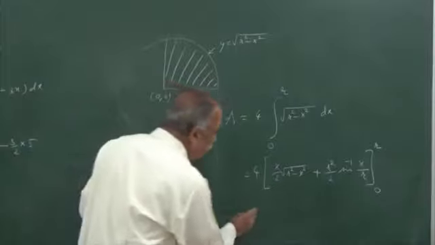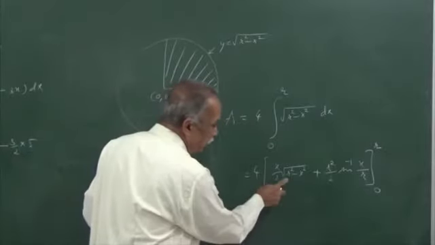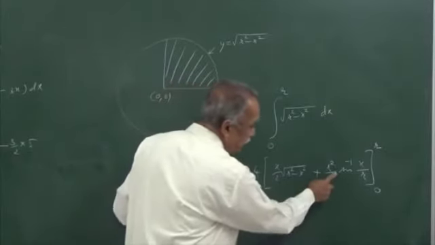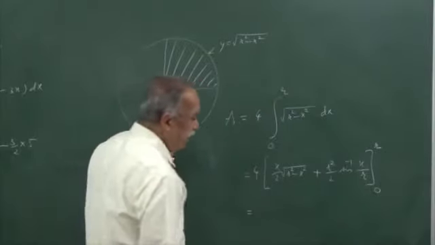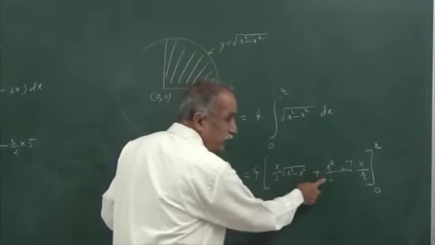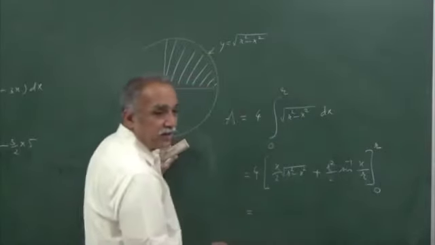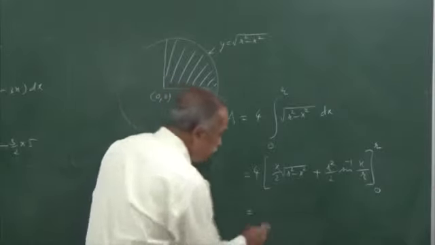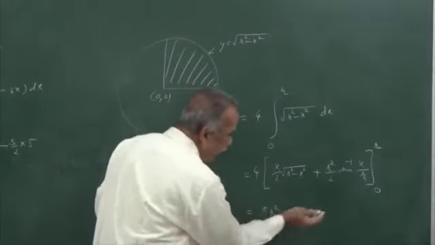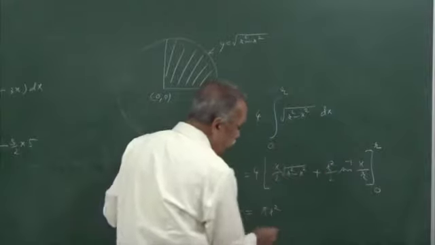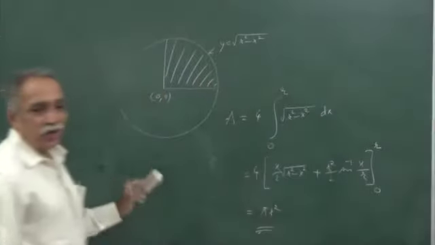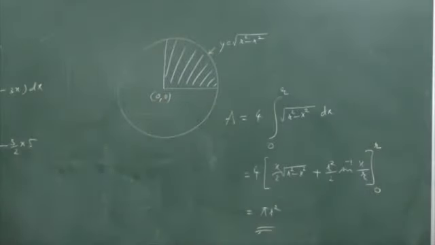On applying the limits, at x equal to r, the first term is 0, and this is r square by 2 into sine inverse 1, and sine inverse 1 is pi by 2. 4 into half into pi by 2 is pi r square. At x equal to 0, this is 0 and sine inverse 0 equals 0, therefore the formula is pi r square.